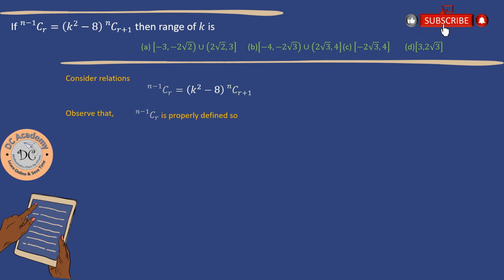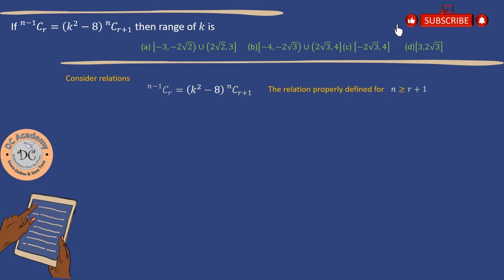So here n minus 1 must be greater than r, that is, n must be greater than r plus 1. Also, NCR plus 1 is properly defined, so again n must be greater than r plus 1. So the relation holds good if n is greater than r plus 1. This is a common relation and we have to remember that. Let's go ahead.